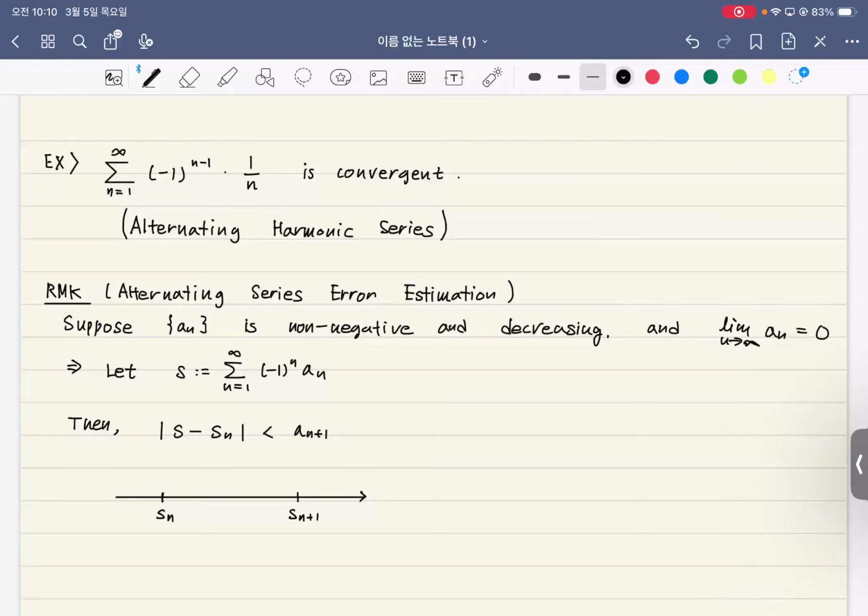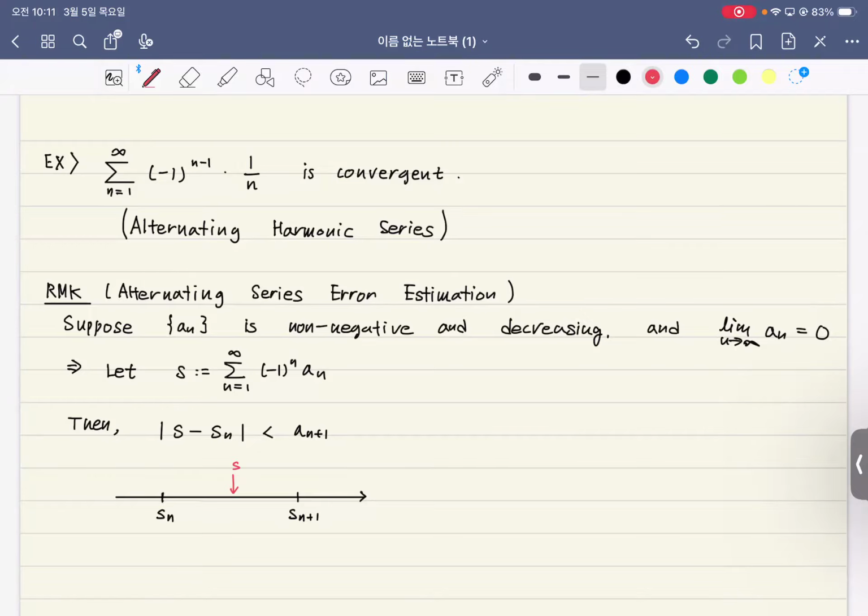Then what we know is that this number S should be somewhere between these two points. So between Sn and Sn+1 lies the true value S, right?